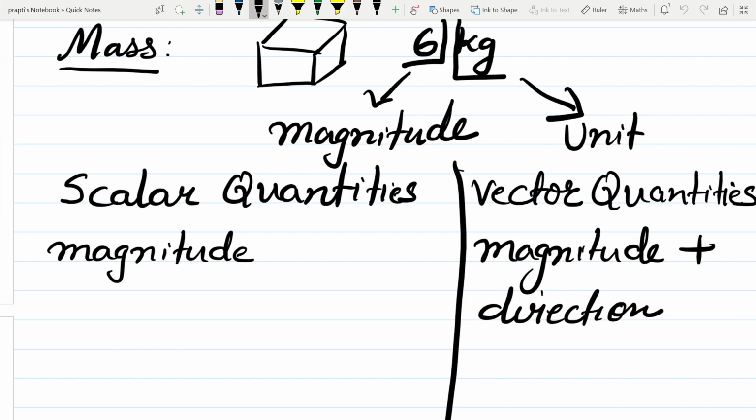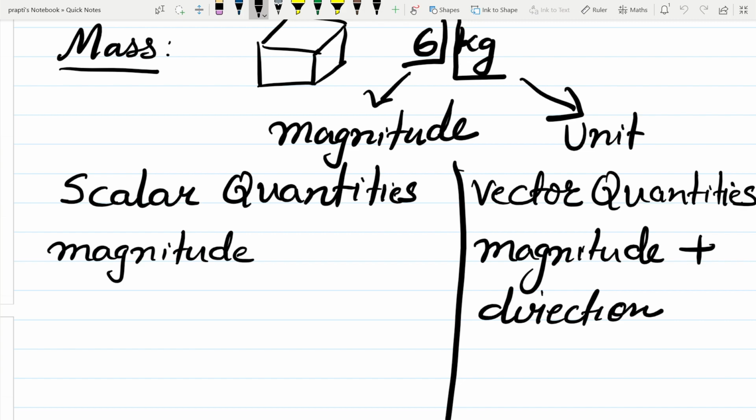We will understand this in detail as we start learning the chapter further. Now, the quantities which require only magnitude for their description are called scalar quantities, and the quantities which require magnitude and direction for their description are called vector quantities.